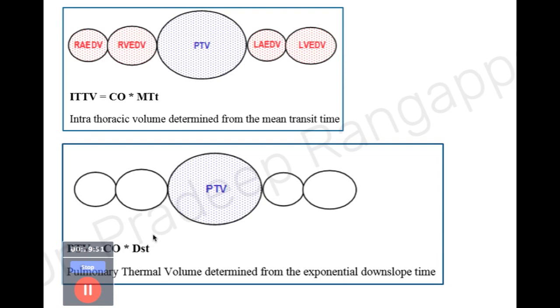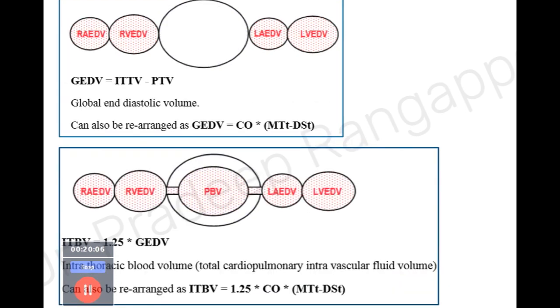The only thing you have to remember is mean transit time and downslope time. Mean transit time will determine your whole intrathoracic thermal volume. Your pulmonary thermal volume is determined by downslope time. So these are the two times that you have to remember, and these are all done automatically. One does not have to sit and calculate. Once the curve is captured, the algorithms run automatically, and all these measures are given.